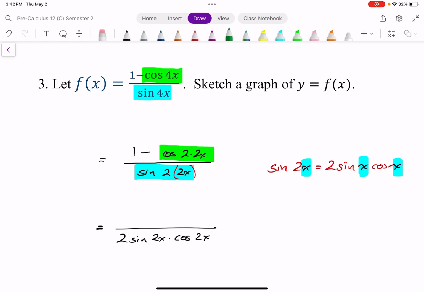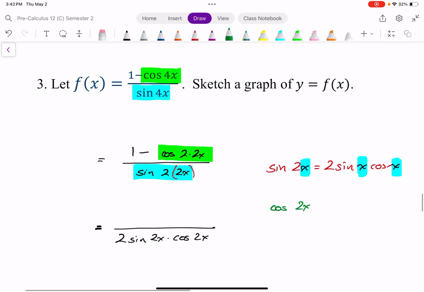And so in that case, it'd be more helpful if I think about this identity for cosine of 2x, where it's 1 minus 2 sine squared x. Well, again, imagine that x right there being a 2x, which means I can write this as 1 minus, bracket, 1 minus 2 sine squared 2x.